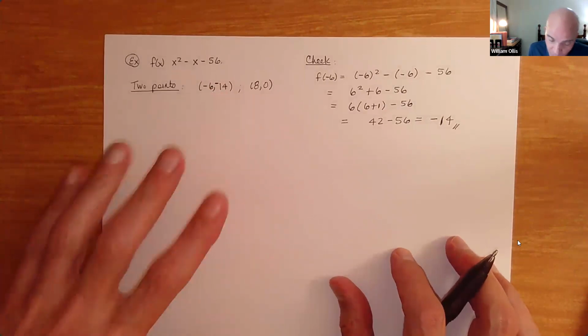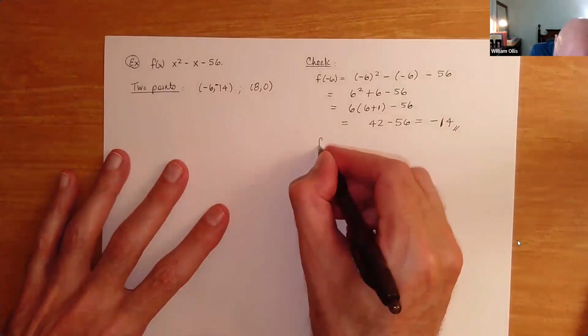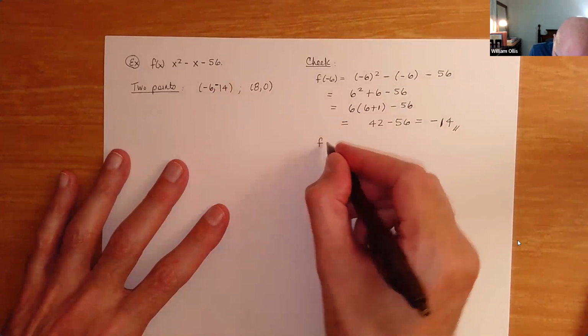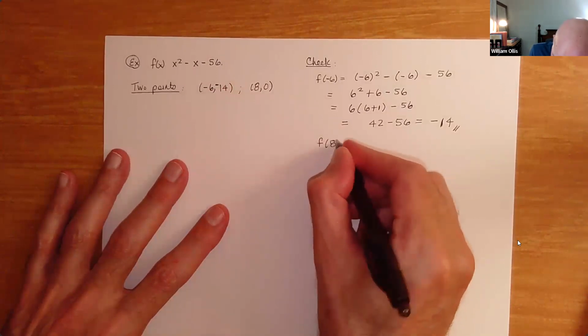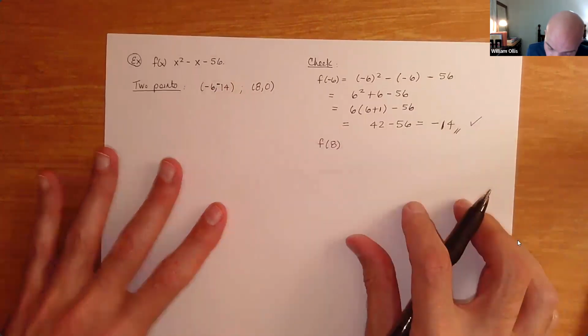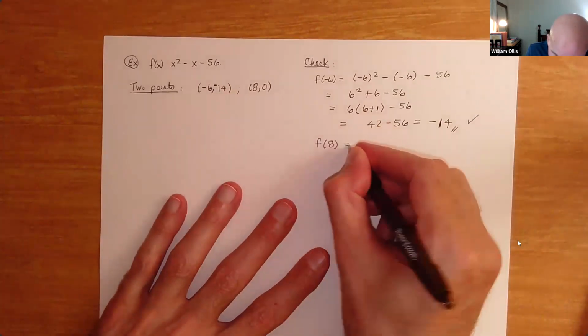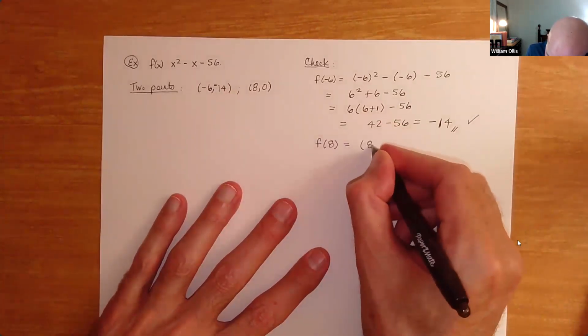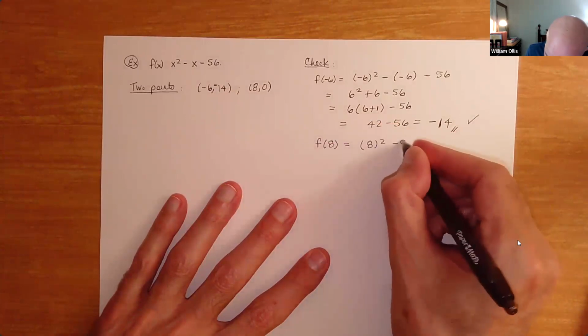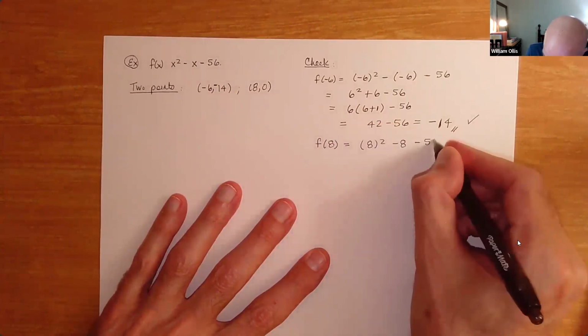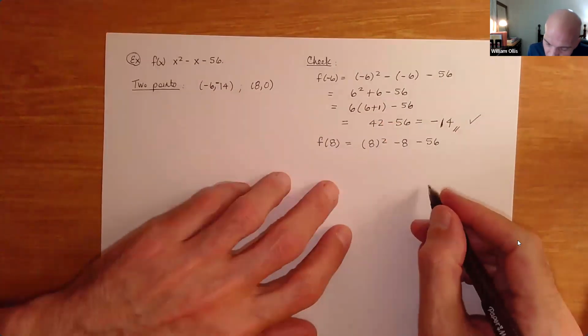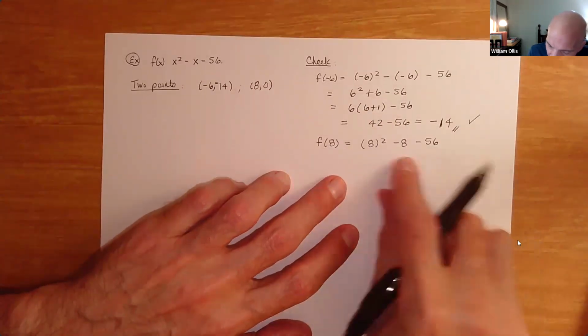And then let's check this one. So always check things because you never know if you might have a typo. So let's do 8. So that turns out to be correct. So f of 8 will give us 8 squared minus 8 minus a 56. Now notice again, all of these have 8s in them.